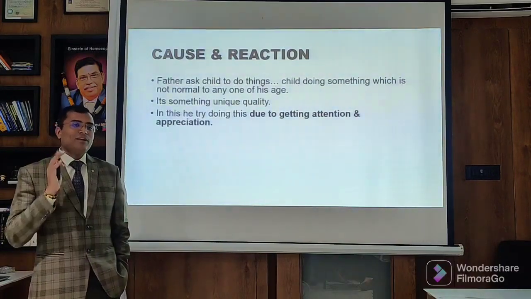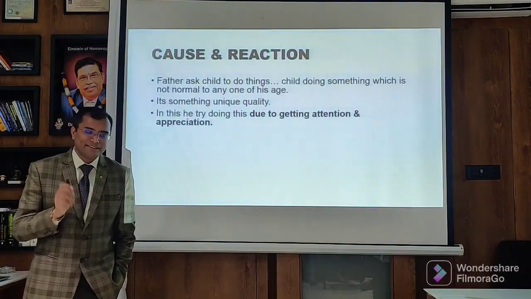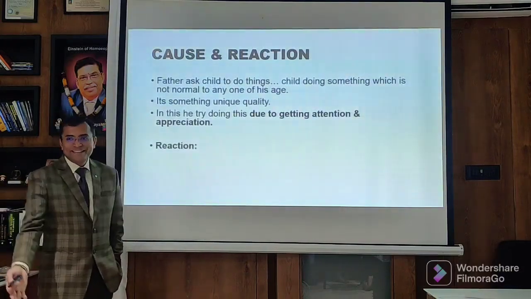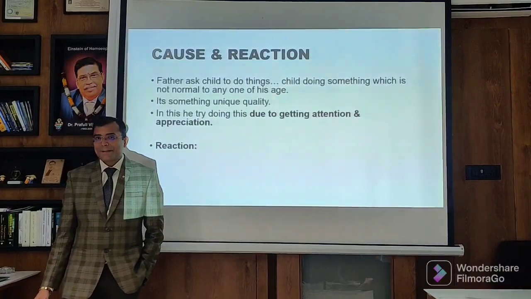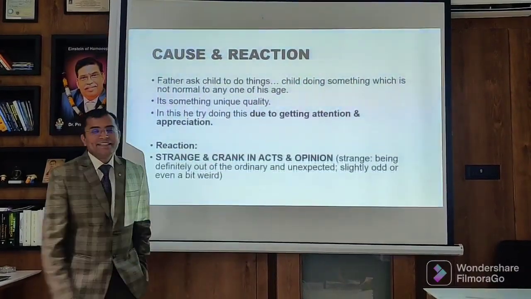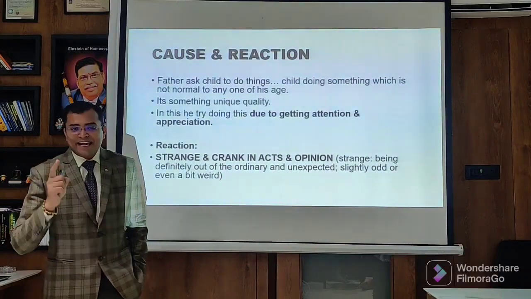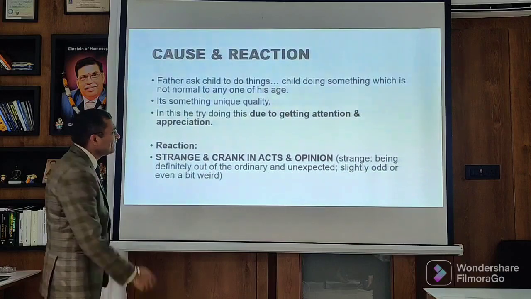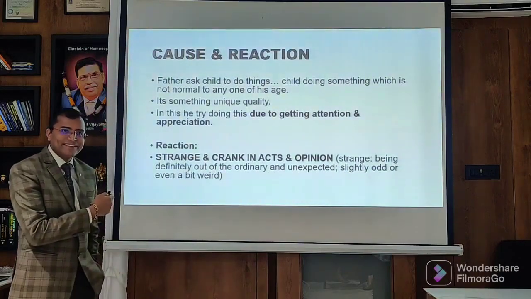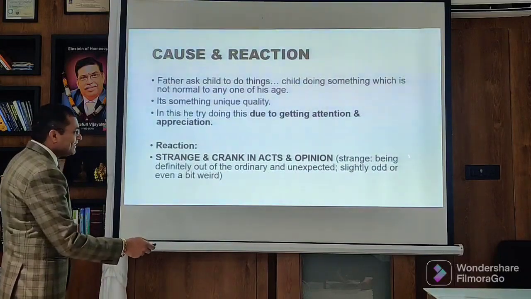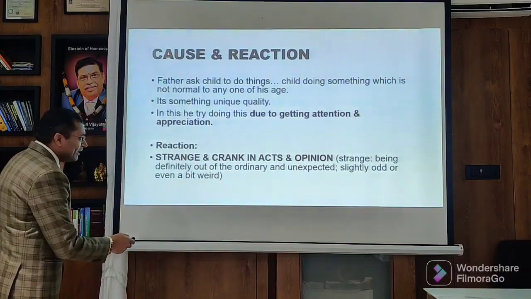That means he wants to get appreciation or attention. So what was the reaction? Now that reaction is the rubric. What is that? This is the strange, crank in acts and opinion. Now what is strange? In the previous slide we have taken this, but still it is not in your mind. So that is what strange is: being definitely out of ordinary.